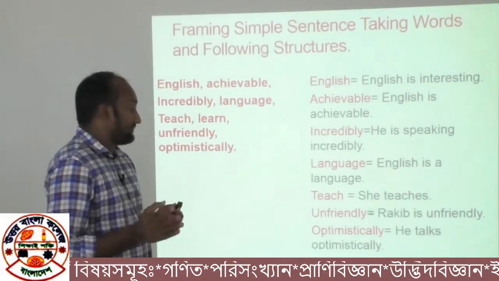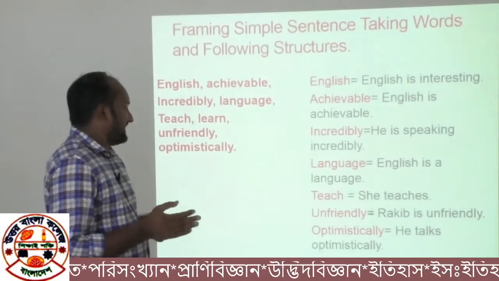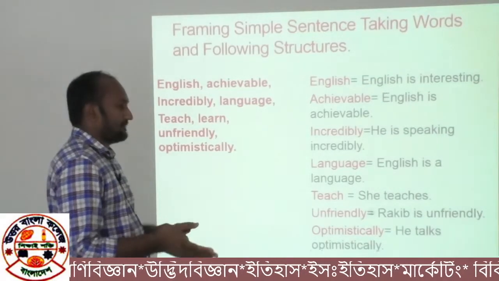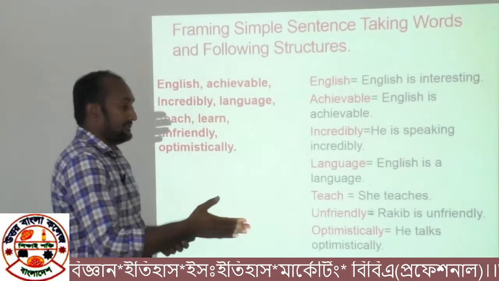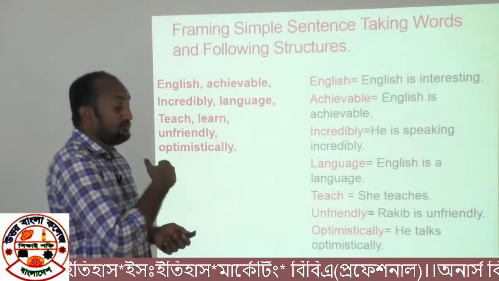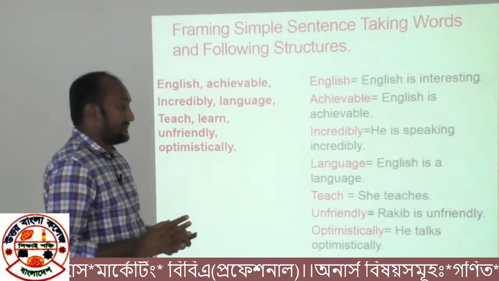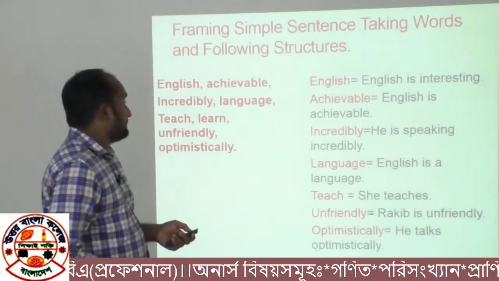So, Rakib is unfriendly, subject plus verb plus adjective. Optimistically is an adverb: he talks optimistically, subject plus verb plus adverb. As I showed you earlier the 9 basic structures, using those structures we can make simple sentences.